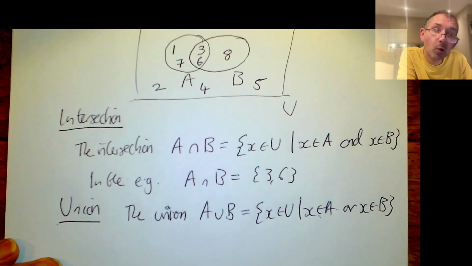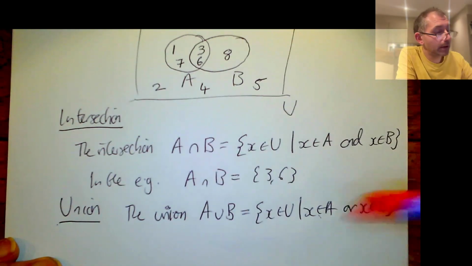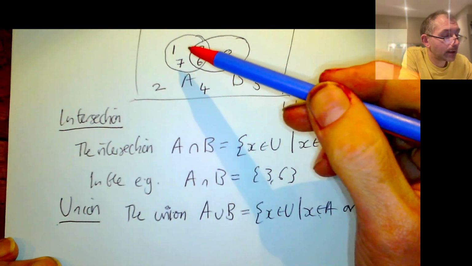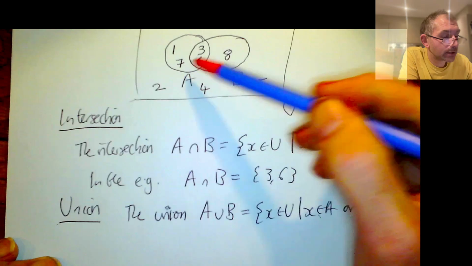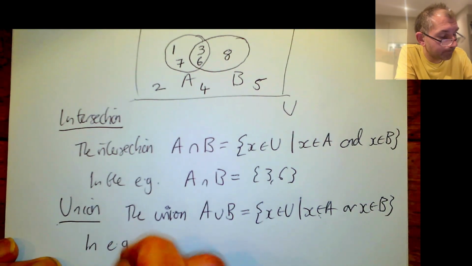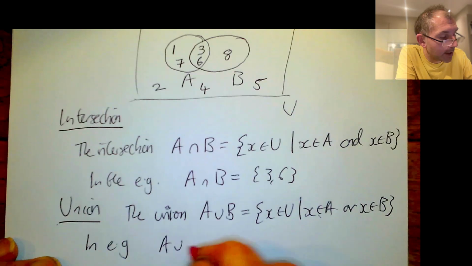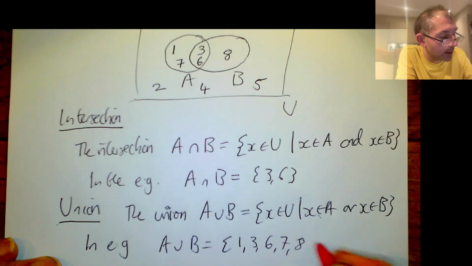So for us, "or" is always this inclusive word. So what are in the picture all the elements that are in A or B or both? Well, it's 1, 3, 6, 7, 8. So in the example, A cup B is 1, 3, 6, 7, 8.